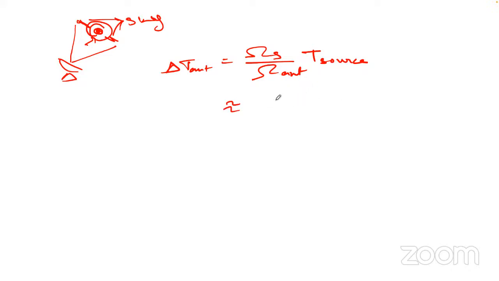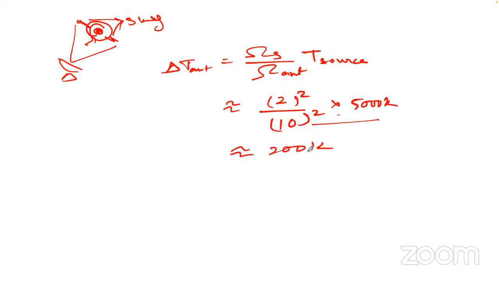Say the source is 2 arcsecond, so 2 squared, divided by the antenna's 10 arcsecond squared. But this is not the proper approximation, I will get to that also. So this will be around 200 Kelvin.